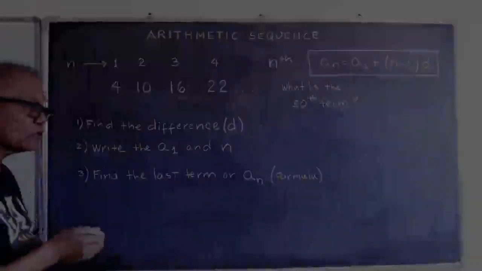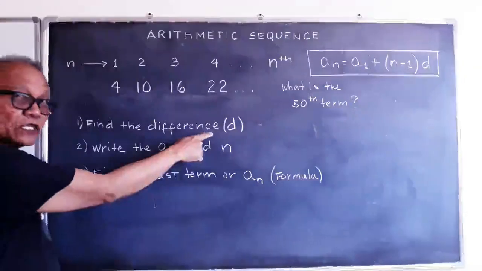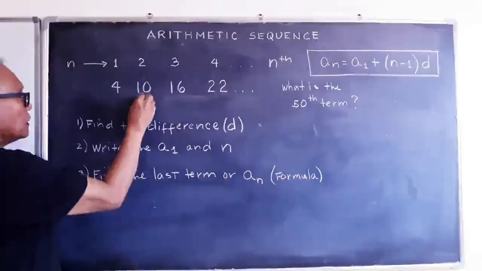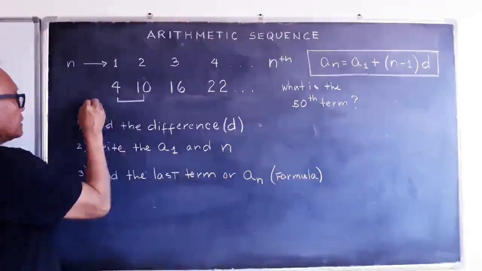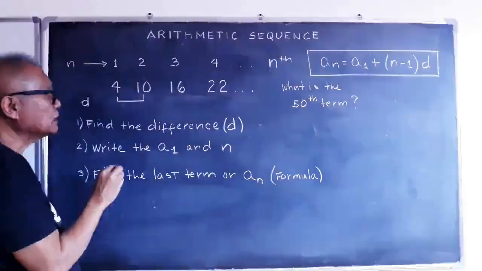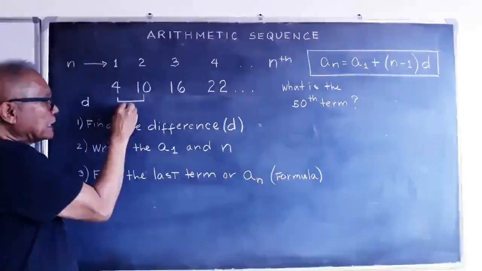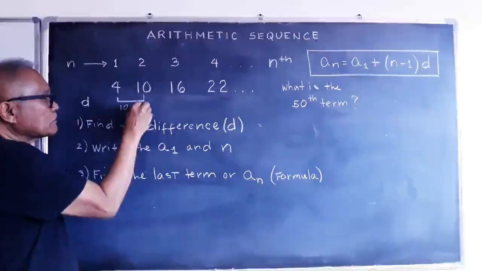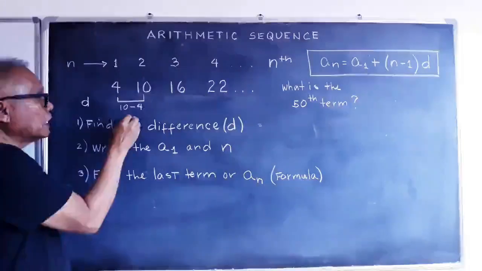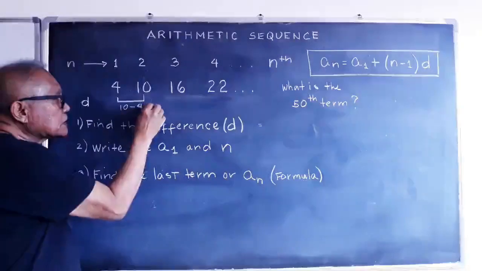Let's get the difference first. Find the difference d. So here, let's find the d. So this one is d. So 10 minus 4. You may write that one as 10 minus 4. So what is 10 minus 4? It is 6.